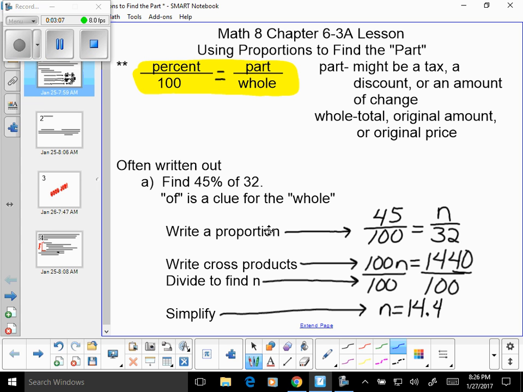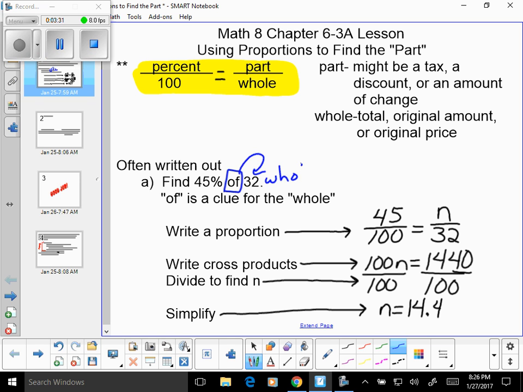Quite often you are going to find them written out, where they will say, find 45% of 32. Now this "of" not only means multiply. You could change 45%, for example, to a fraction and multiply by 32, but it's also a clue that the whole is coming next.